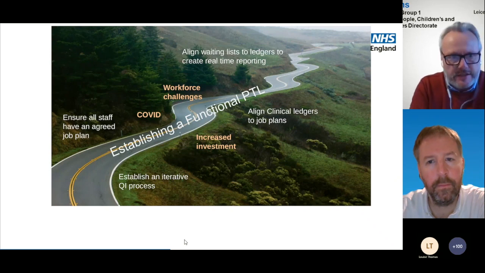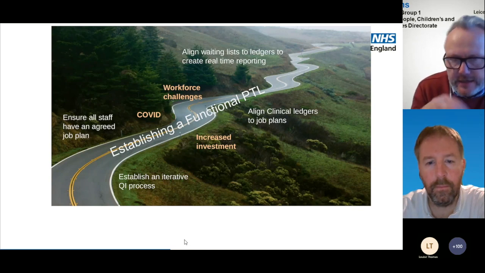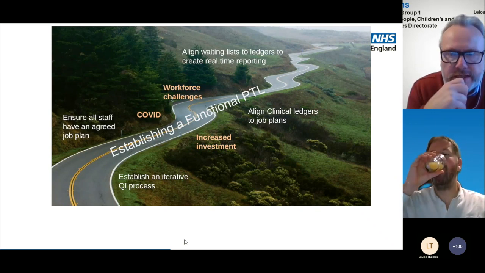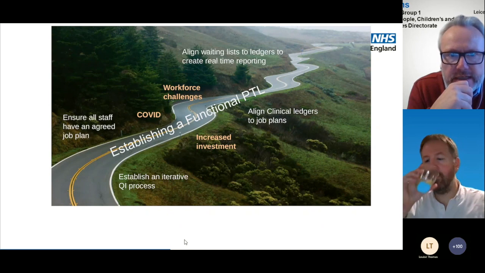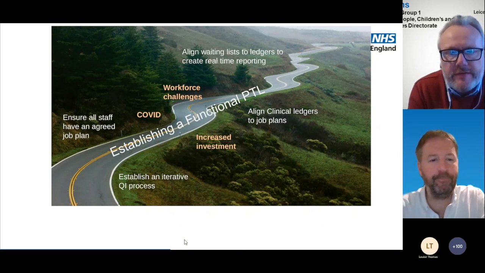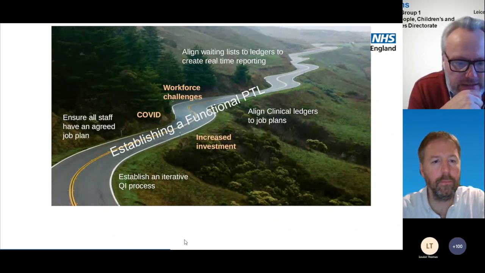But we used a methodology to make sure that all our staff had an agreed job plan, which meant that we could then align that to the clinical ledgers and then align the ledgers to create some real-time reporting in terms of slot availability, as well as building some reports out of the back of System 1 that could show us how long people have been waiting for each of the waiting lists.